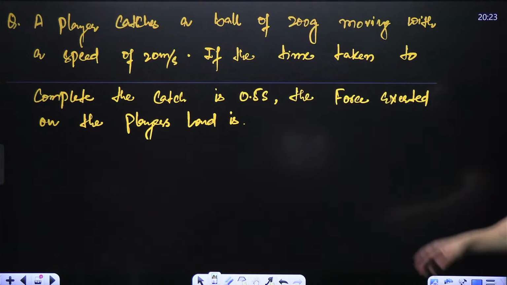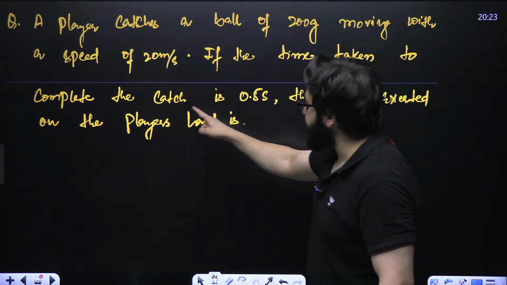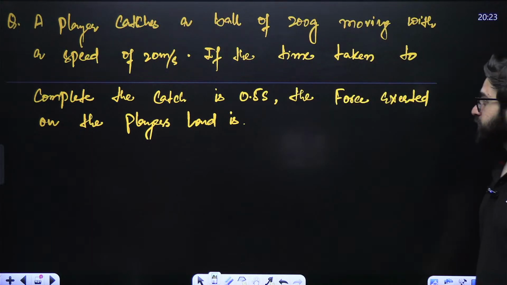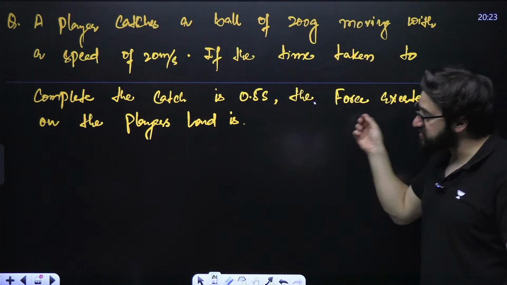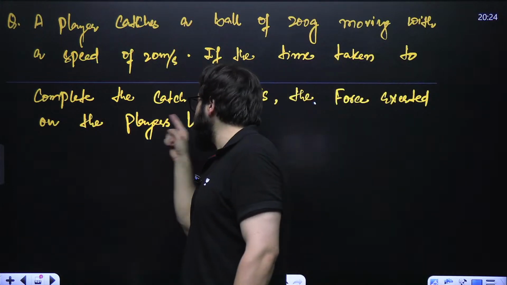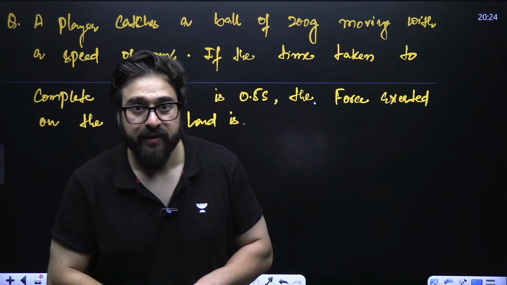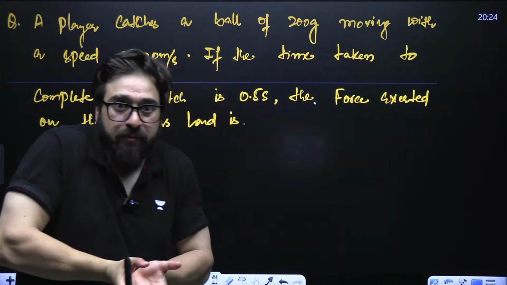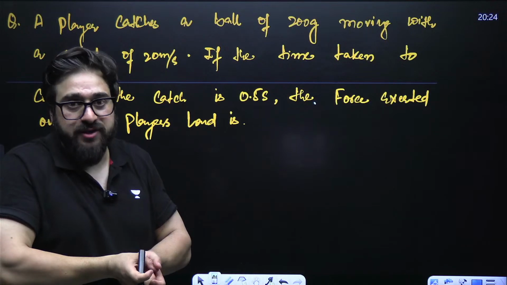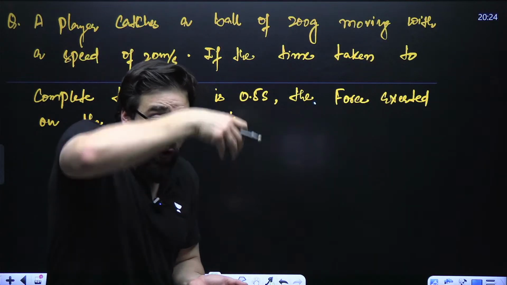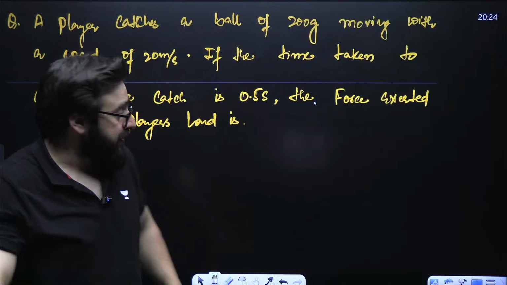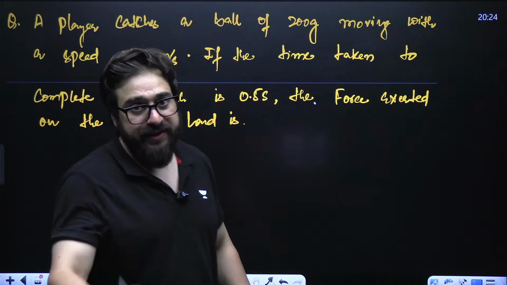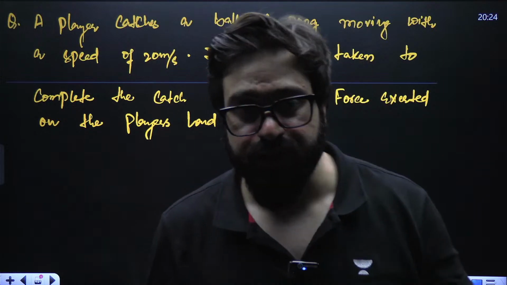If the time taken to complete the catch is 0.5 seconds, the force exerted on the player's hand is, it is like a player is catching the ball. So how much force the ball applied on his hand, that is what we are supposed to calculate in this particular case. Tell me the answer.